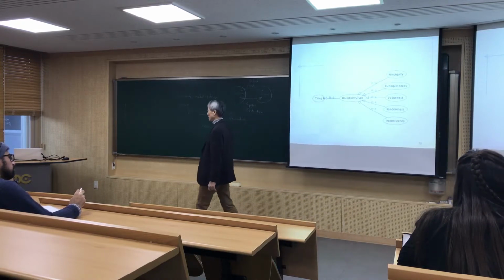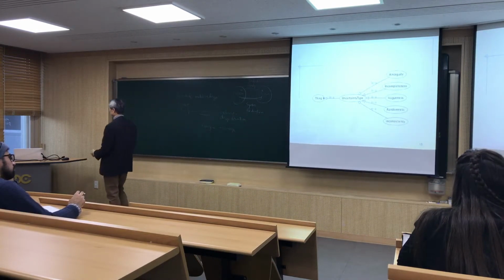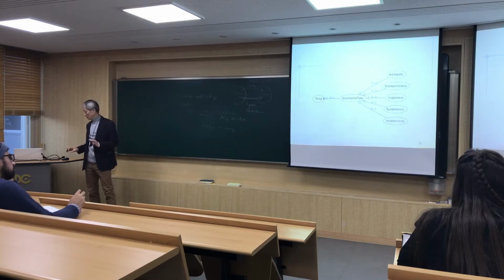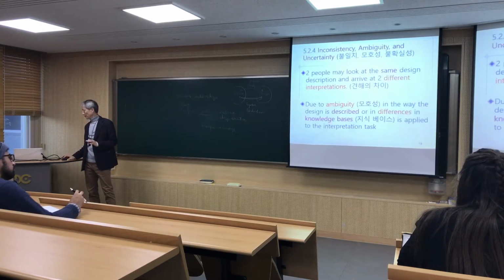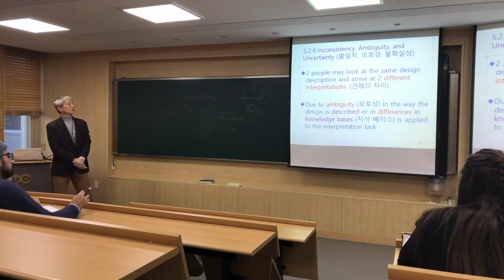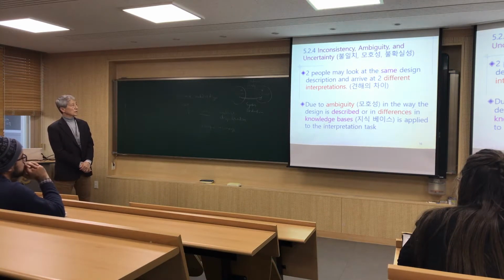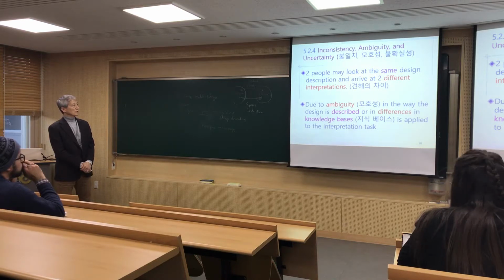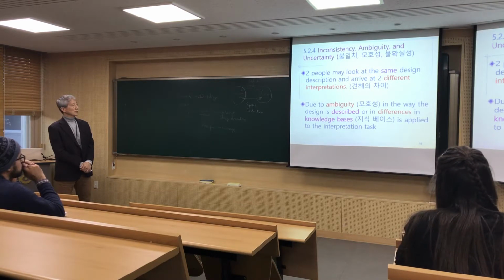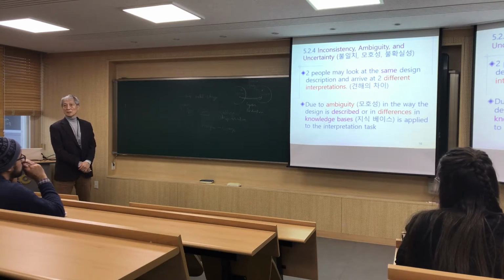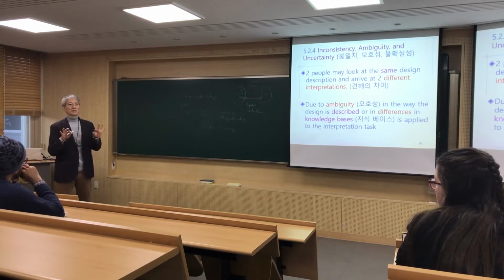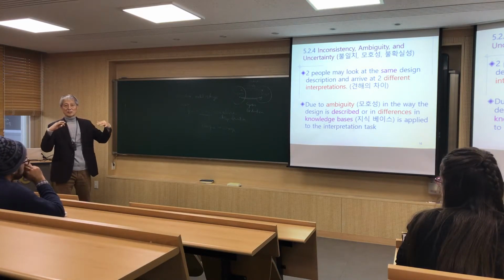And many people are trying to categorize uncertainty in this way. Inconsistency, ambiguity, and uncertainty. I tried to translate into Korean, but still they are not clearly separated out, very related to each other, right?